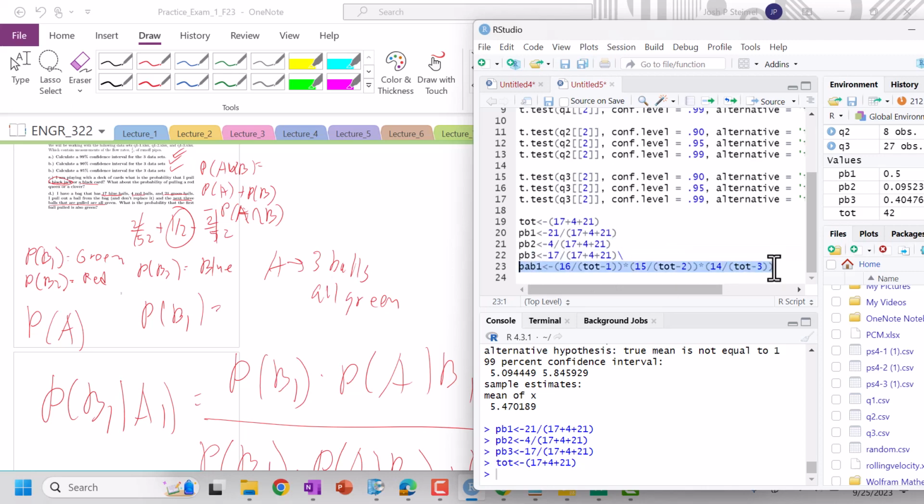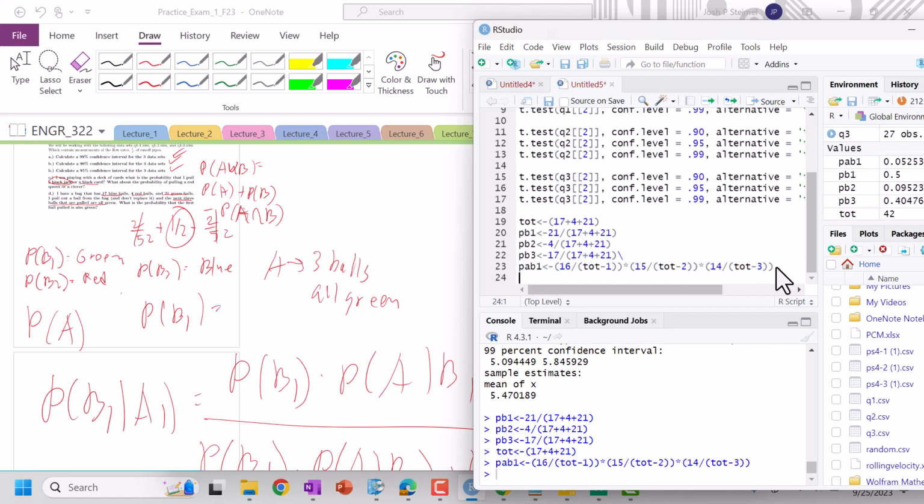Let's do the same thing. The second probability is that the first one was red. So we pulled the red, and now we have 3 over tote minus 1, then 2, and then 1.